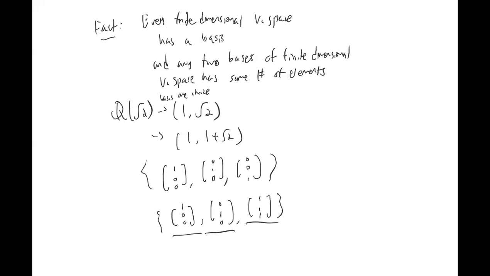If I take this element here that's in the basis and subtract, the new element I get still gives a basis. So the basis doesn't change if you do addition, subtraction, and scalar multiplication.